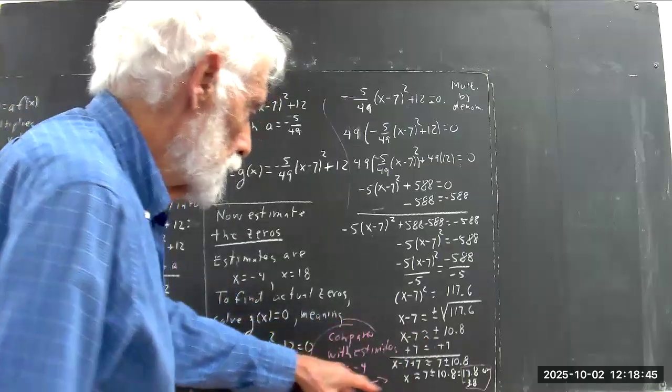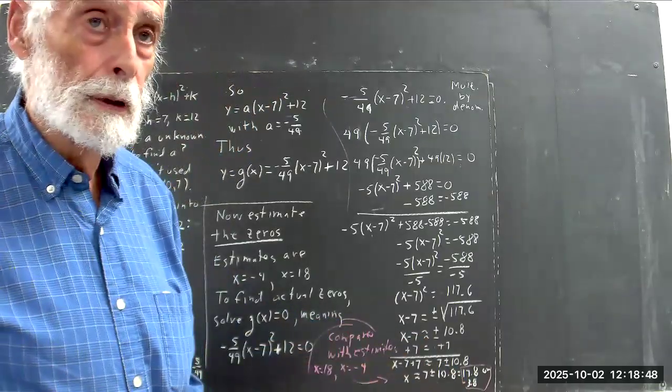And 17.8 is really close to 18. Negative 3.8 is really close to negative 4.